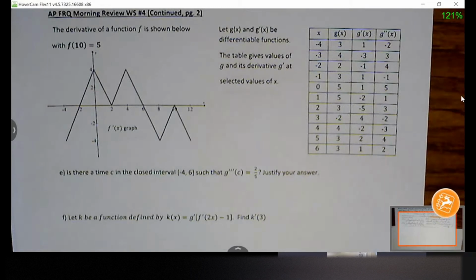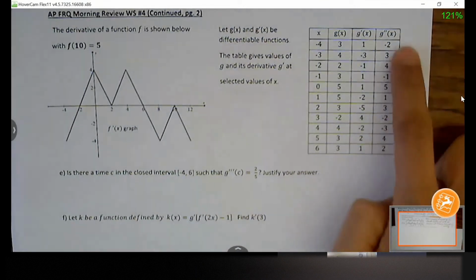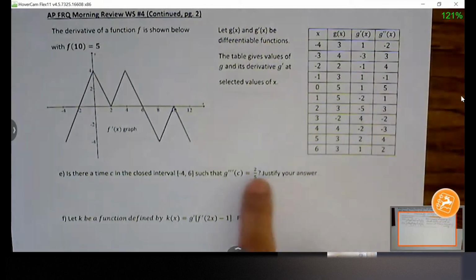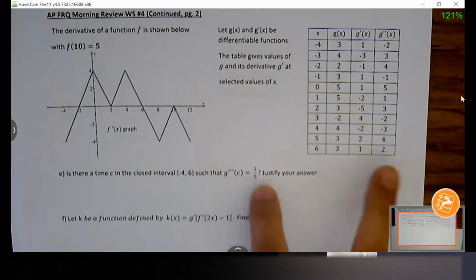Like related rates with time, like when certain things are leaking out or where things are highest. Yeah, not quite. This is more of we have G double prime in front of us, but we're trying to guarantee G triple prime.